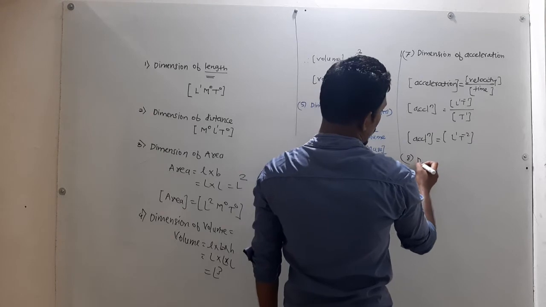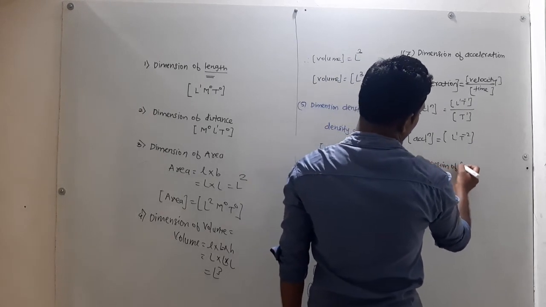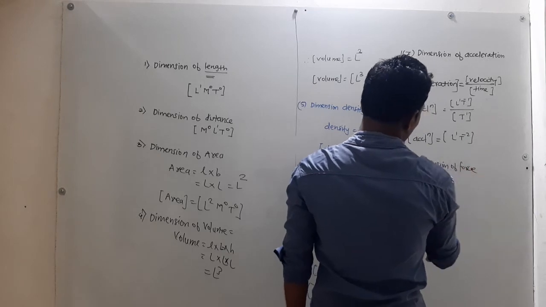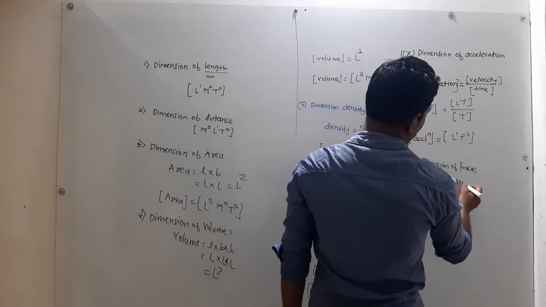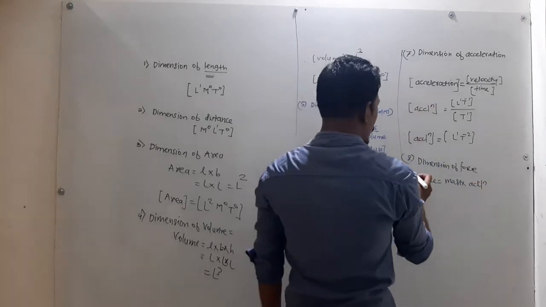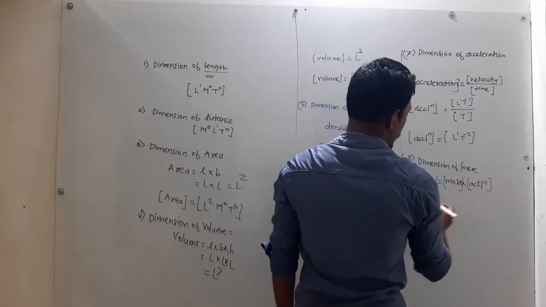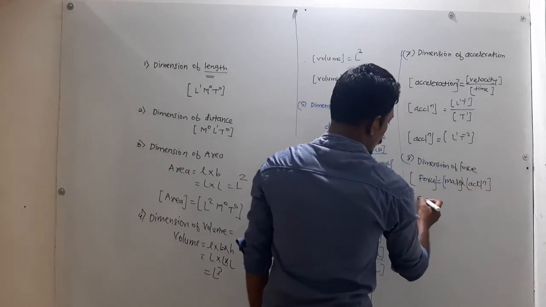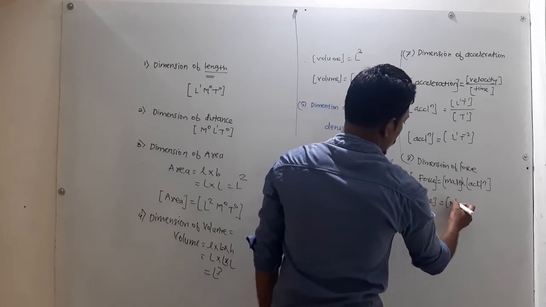Eighth, dimension of force. What is the formula of force? Force is equal to mass into acceleration, right? Means dimension of force is equal to dimension of mass into dimension of acceleration. Dimension of mass is M raised to 1.